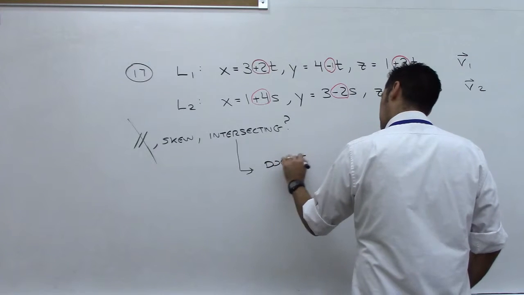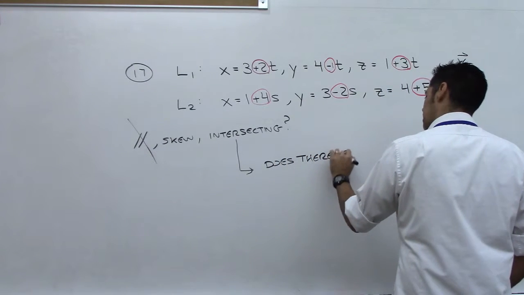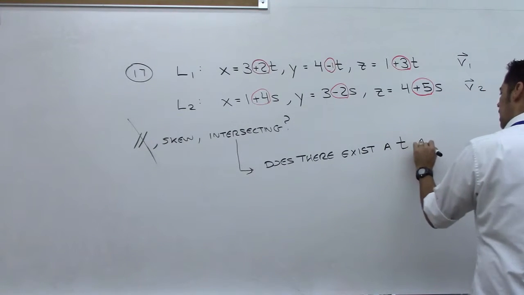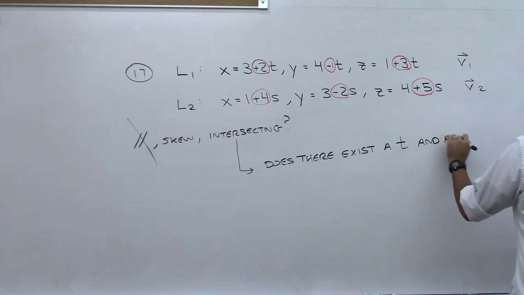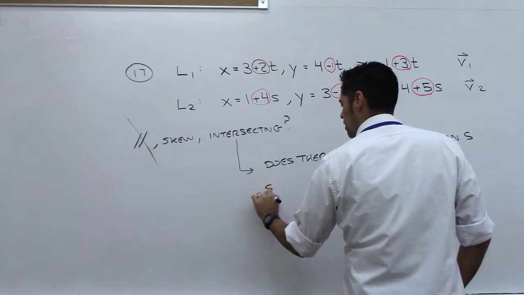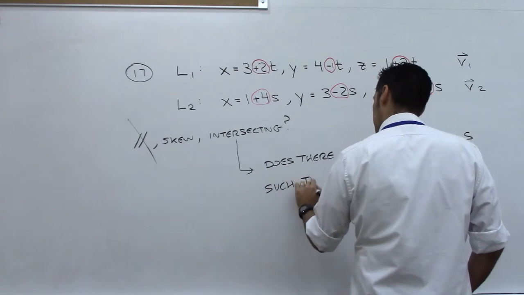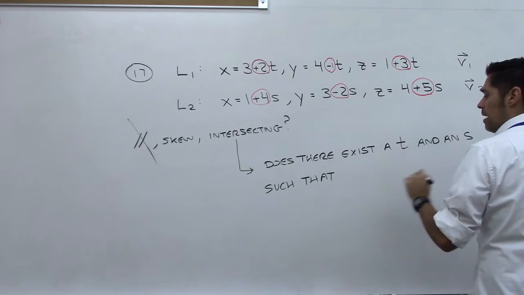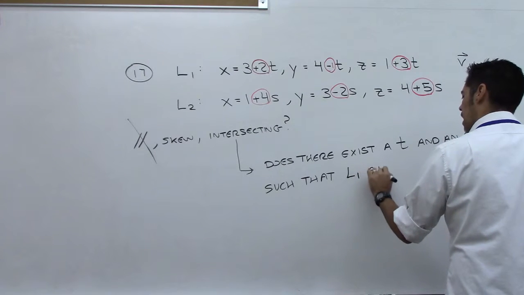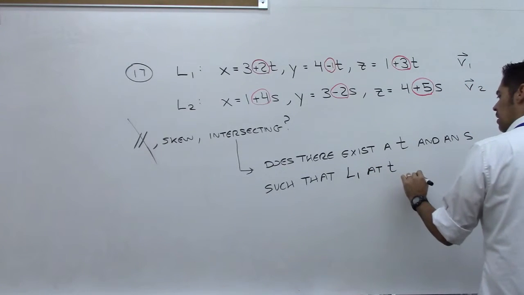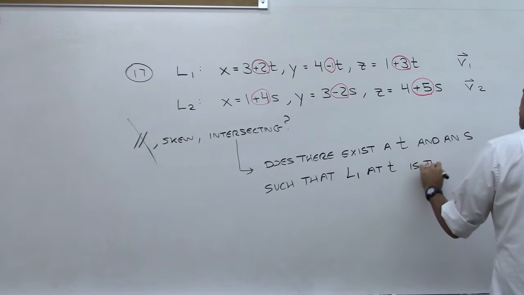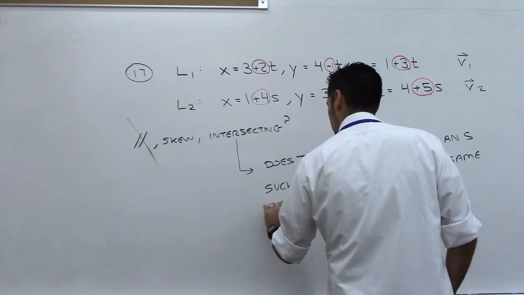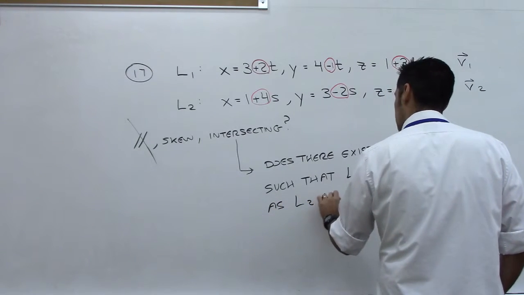Does there exist a t and an s such that the first line, L1 at t, is the same as L2 at s?